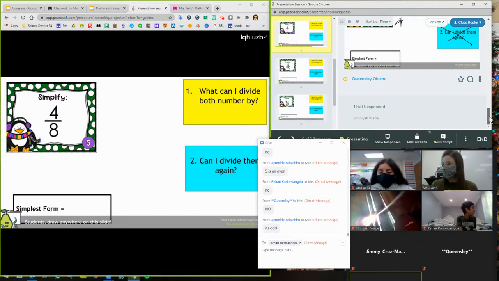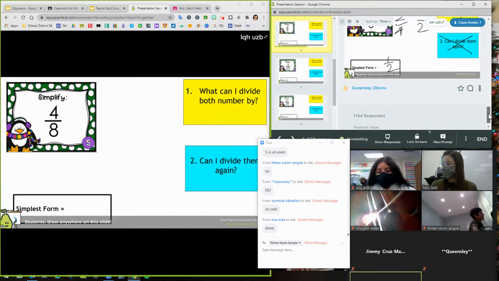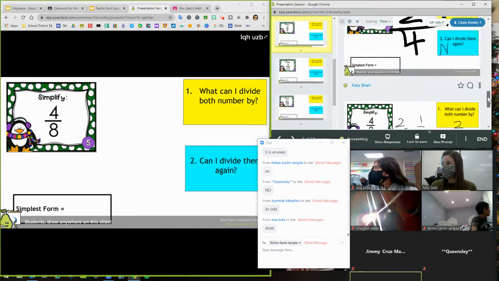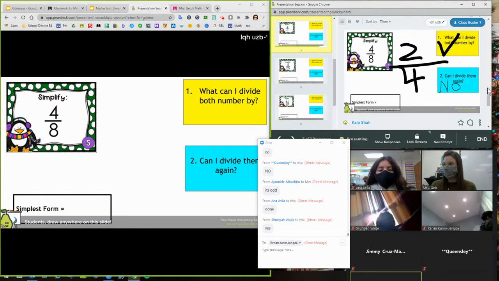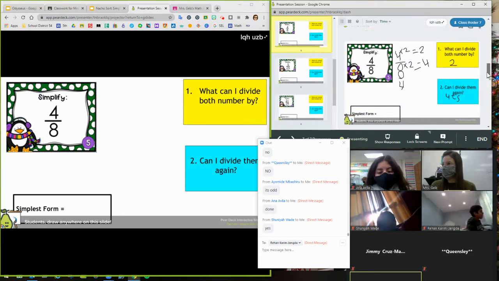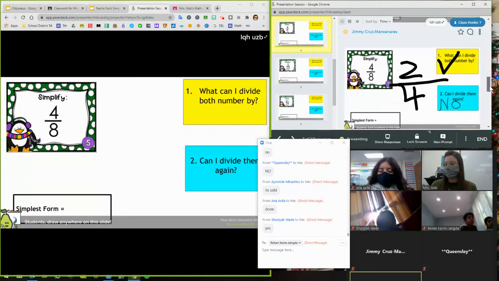Shania, is your Pear Deck working, my friend? Queensley, nice job. Kelp, I wonder, could you divide the numerator and denominator by 2, even in 2/4? I did divide it by 2. Could you do it again?